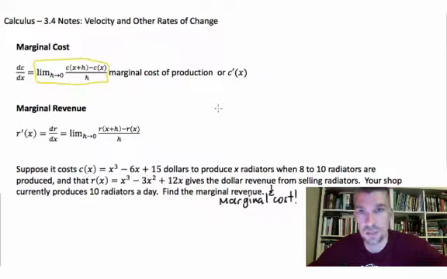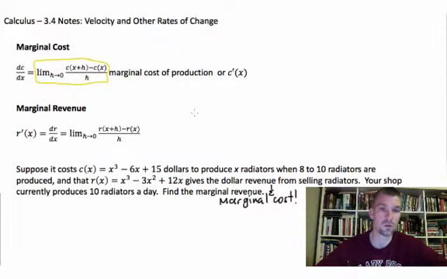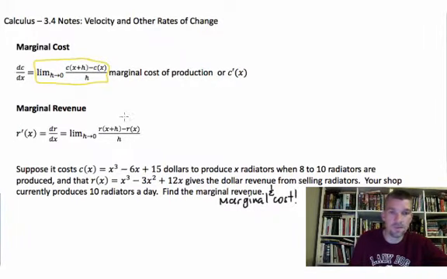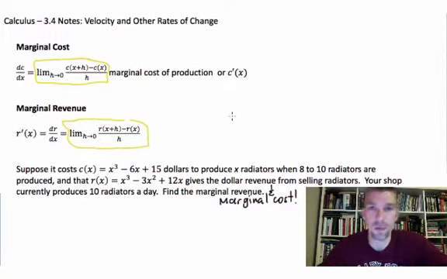So, where you stop minus where you start divided by how long it took you to do that. Marginal revenue is the exact same. This equation right here, the exact same equation. The only thing different is the function that you use. If you'll notice in the top we're using a cost function with marginal cost. In the bottom we're using a revenue function, which is marginal revenue.